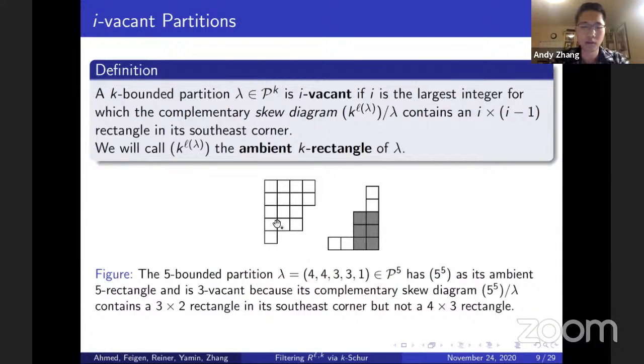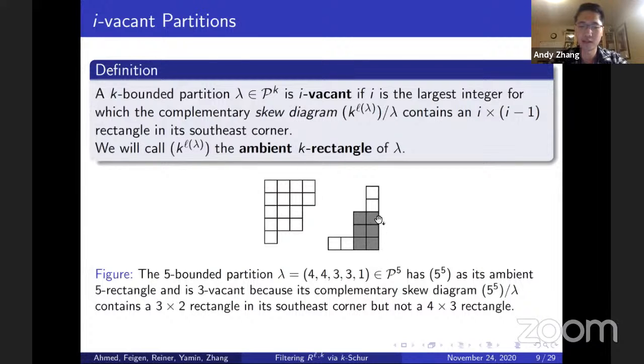Here we have a 5-bounded partition lambda, 4, 4, 3, 3, 1, and this fits inside the 5 by 5 rectangle. It's 3-vacant because in the complementary skew diagram, you can fit a 3 by 2 rectangle, but not a 4 by 3 rectangle.